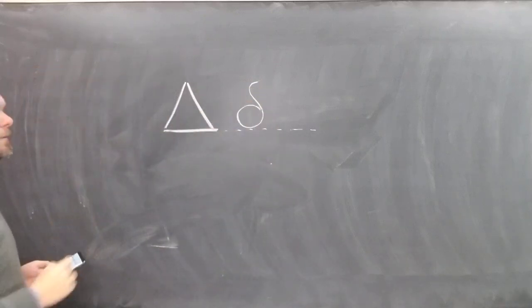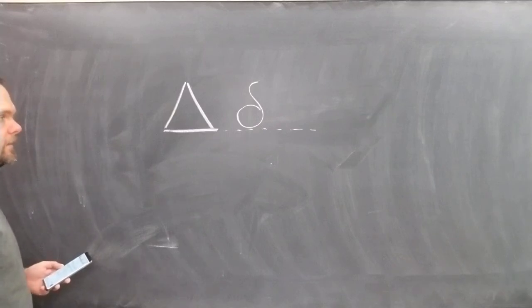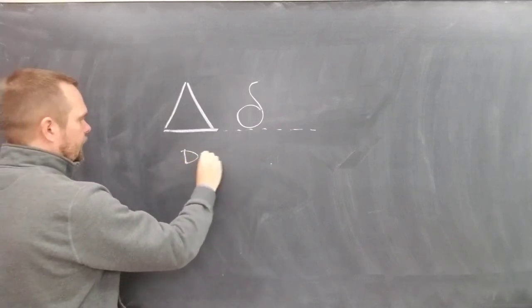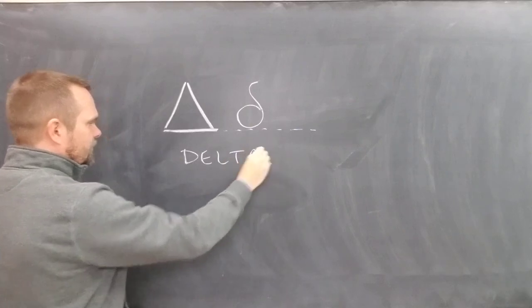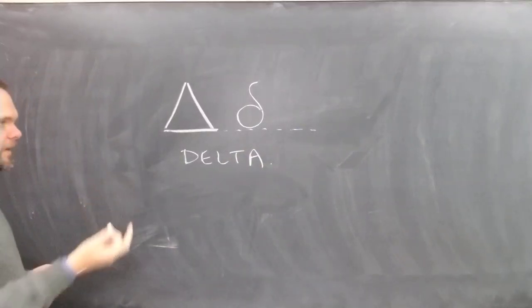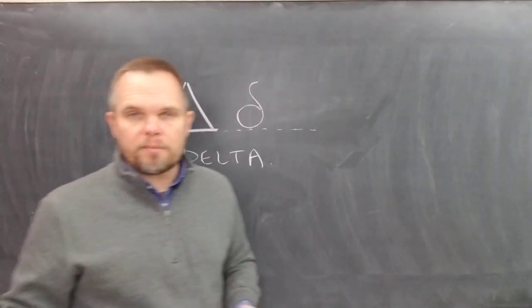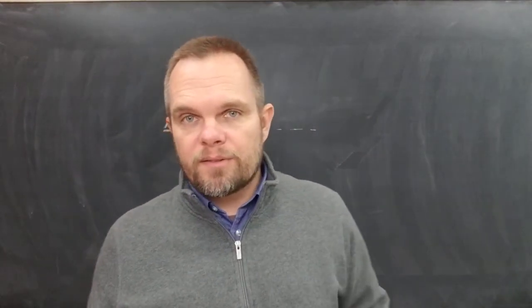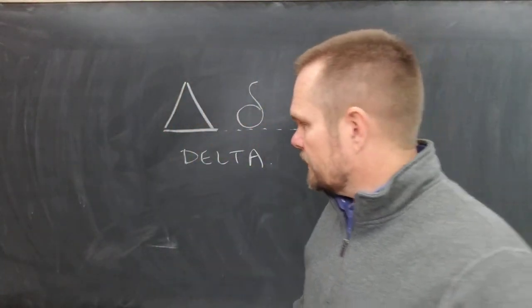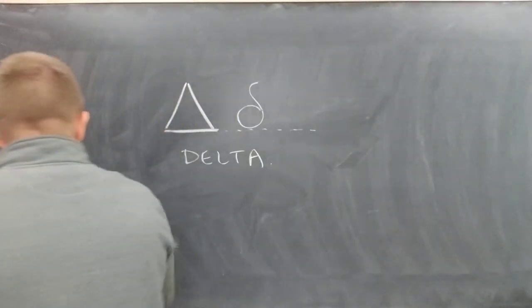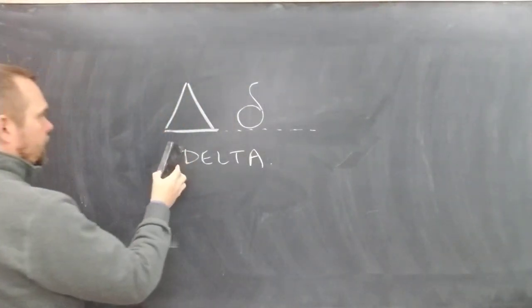Sort of a fancy lowercase d. And again, the name of this letter is delta, and it's pronounced with the classical D sound from Latin, d, d, simple classical D. So alpha, beta, gamma, and delta.